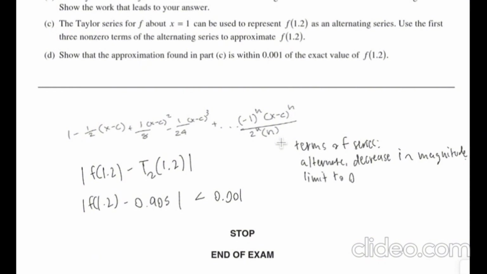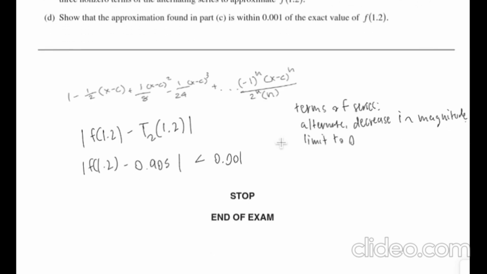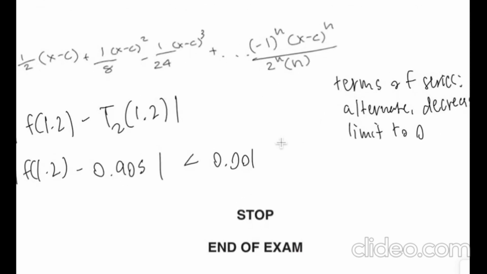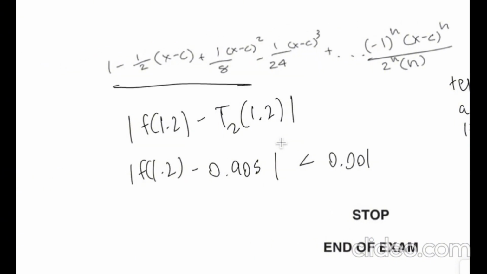And pretty much what this states is that the magnitude of this must be at most that of the next term left off. But since we used these first 3 terms right here, the 4th term, which is left off, would be at most the error of this right here.